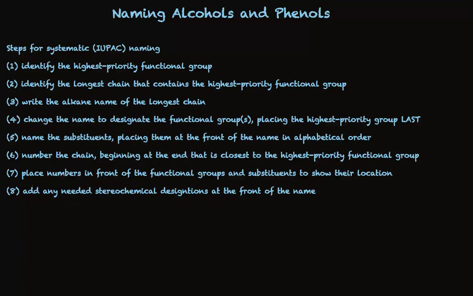This would be designations for chirality centers and for E/Z alkene stereochemistry. So there you have it. It's a set of rules that we must follow. If you systematically follow this set of rules, you can name anything. Let's look at a few examples.